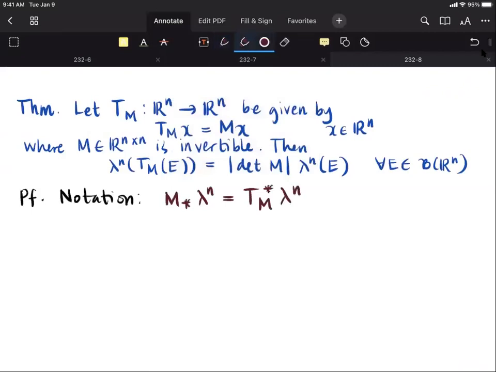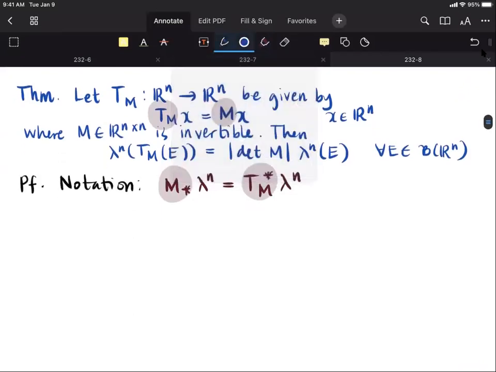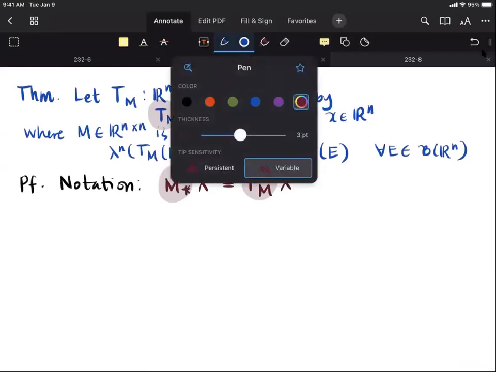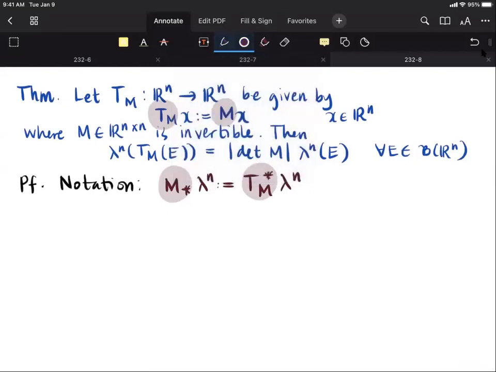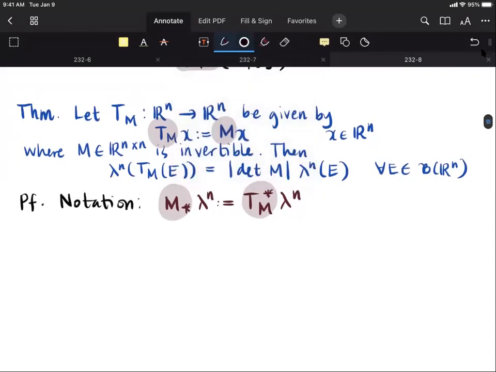Here we replace this by M^*, based on the definition of your linear transformation T_M. So in other words, we identify the linear transformation with the matrix corresponding to that transformation. So this is the notation. Take note that this image measure is well defined.